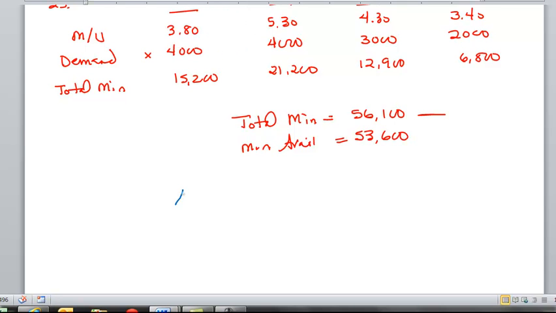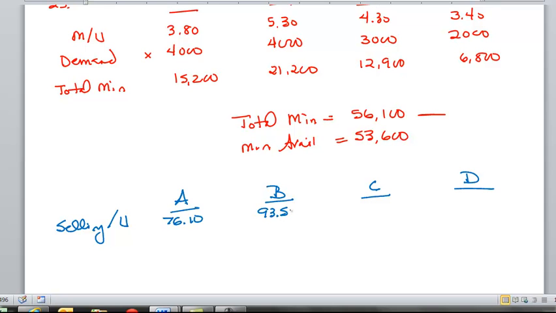So do the same thing again. Have A, B, C, D. So the first thing we want is we've got our selling price per unit. We were told it's 76.10, 93.50, 87.40, and 104.20.